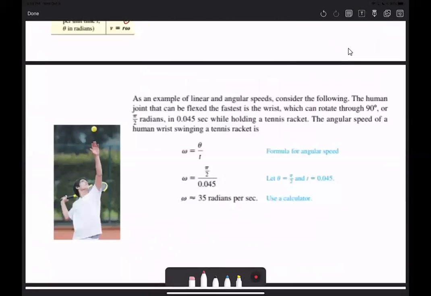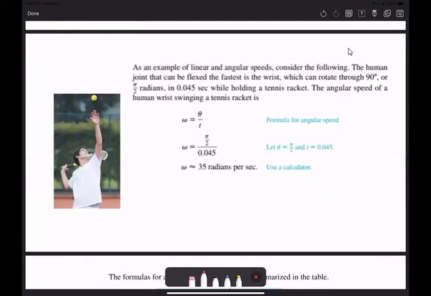This is an example showing a real life situation of linear and angular speeds. It says a human joint can be flexed fastest at the wrist, which can rotate through 90 degrees, or pi over 2 radians, in 0.045 seconds while holding a tennis racket.